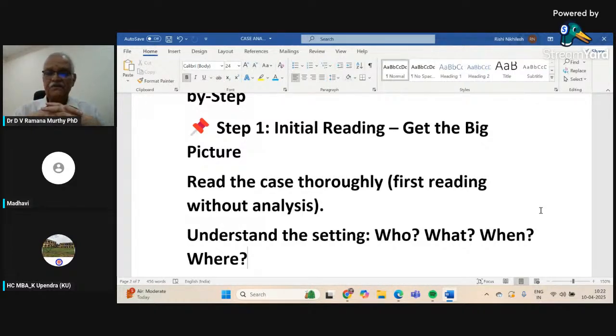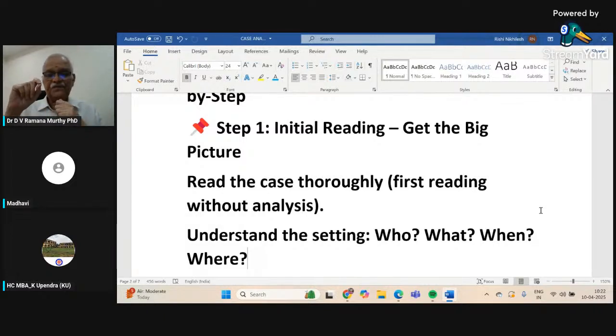That's why we tell you, irrespective of the medium you studied up to graduate level, you have to master the English language, both spoken, written, verbal, all very important. So at this point, in order to get the big picture of the case, initial complete reading of the case is very, very important.